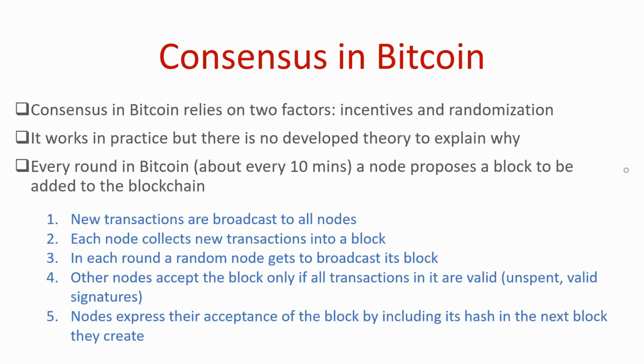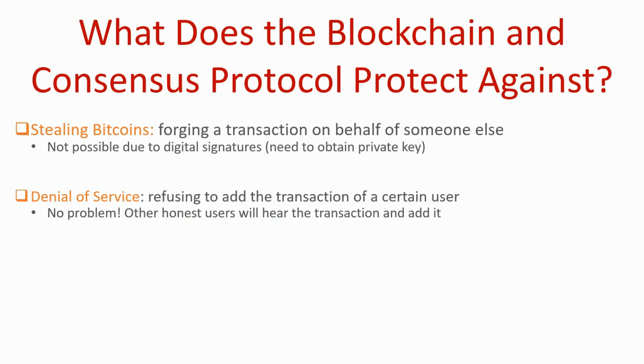So what does this actually achieve? Let's ask ourselves some questions. Can we steal Bitcoins using this distributed consensus mechanism? Well, it's the same as in Scroogecoin and in Goofycoin. In order for someone to steal Bitcoin, you have to actually forge a digital signature of someone.